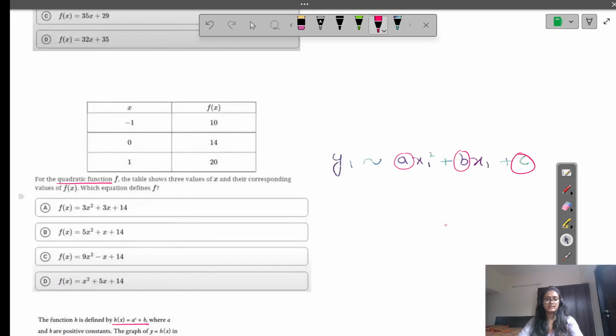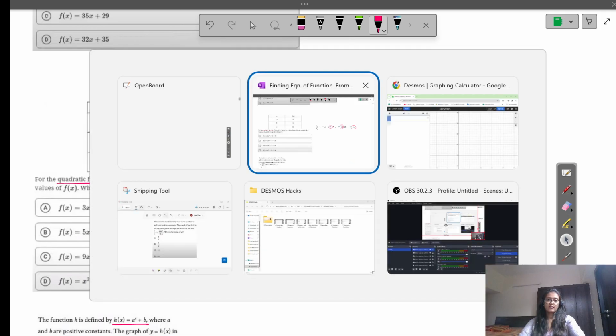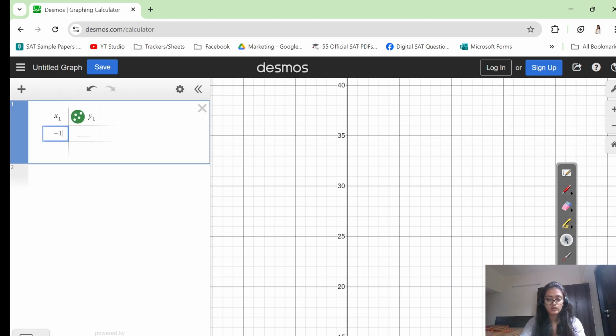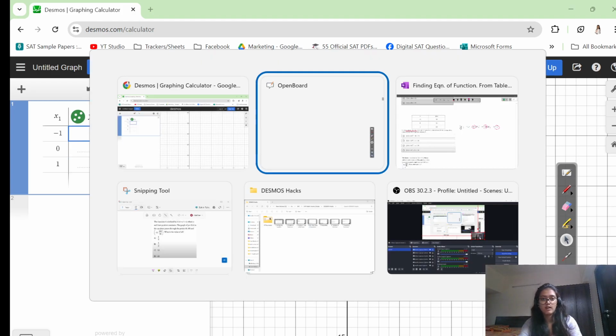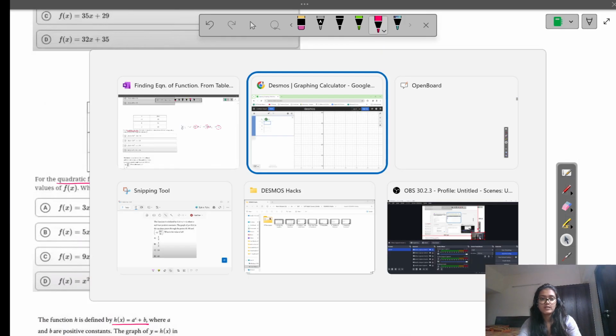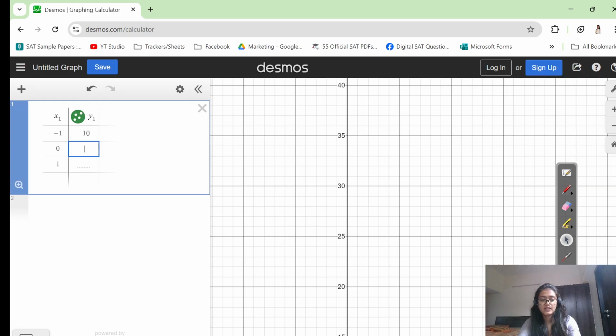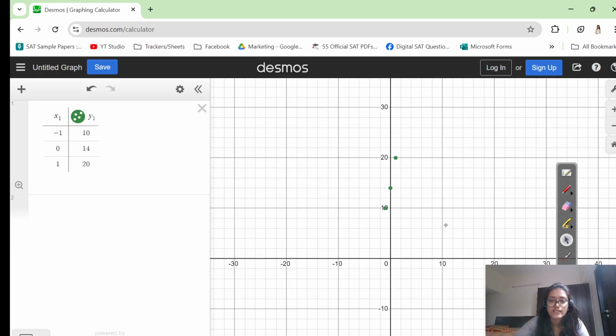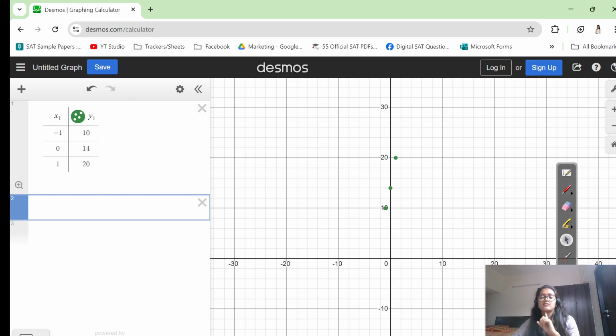So we had the table. -1, 0, and 1 are the x values. 10, 14, and 20 are the y values. You can see the 3 points, and this time a quadratic function, a parabola, will fit these 3 points.